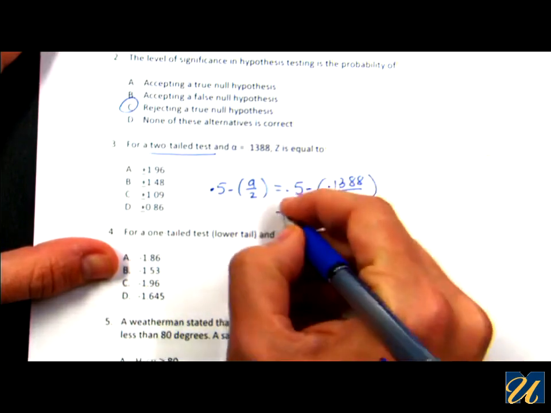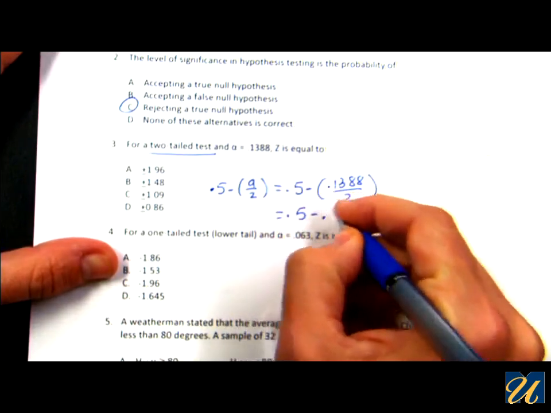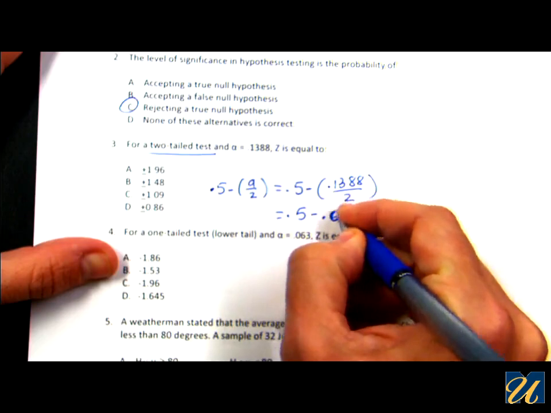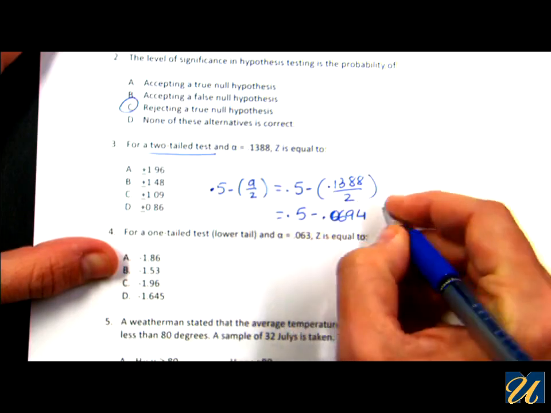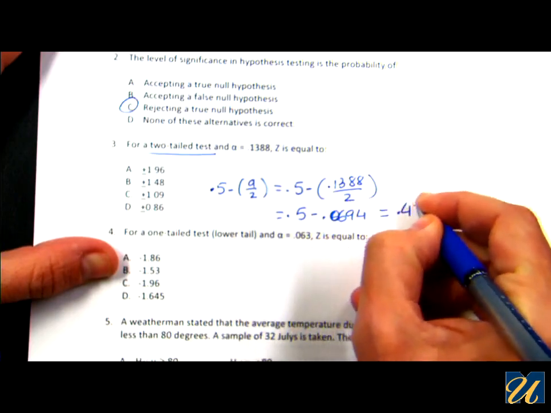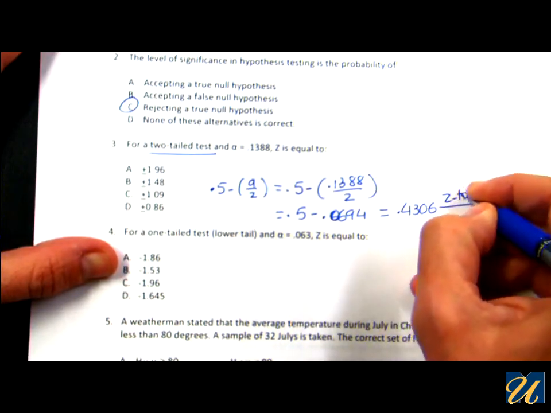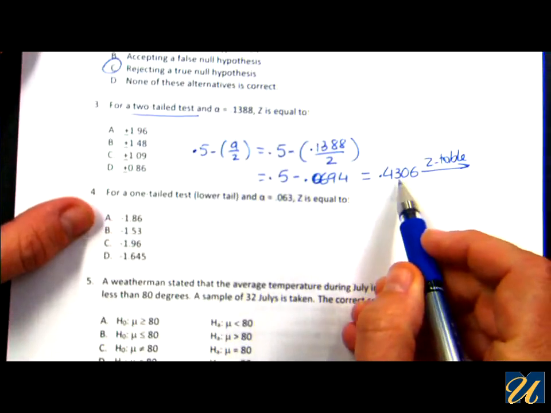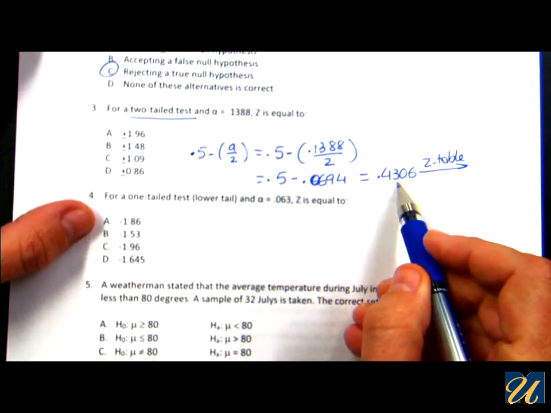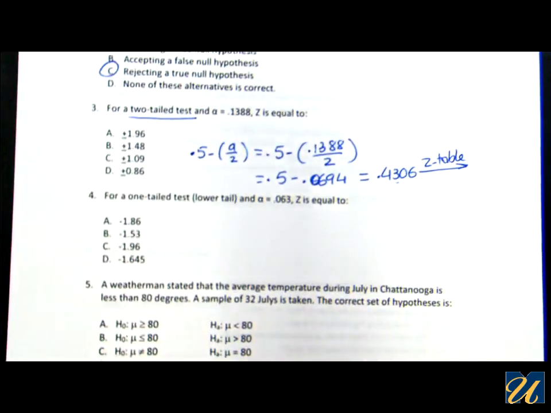This is going to be equal to 0.5 minus 0.0694, so this is going to be 0.4306.